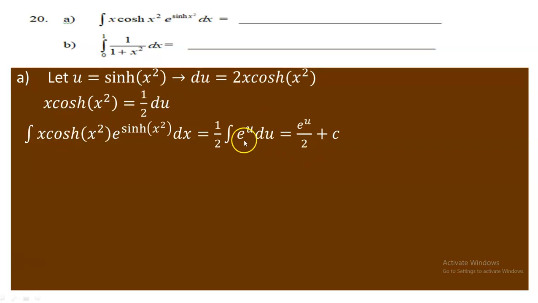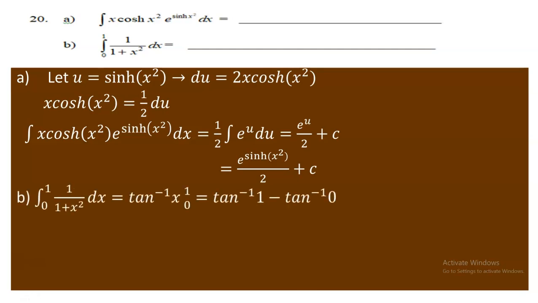So 1 over 2 is taken out as a constant now. So the integral of e to the u is itself, so e to the power of u over 2 plus c comes, and we know what u is, sine hyperbolic of x squared, so directly put that there. e to the power of sine hyperbolic of x squared over 2 plus c is going to be the final solution. I hope it's getting simple, right?